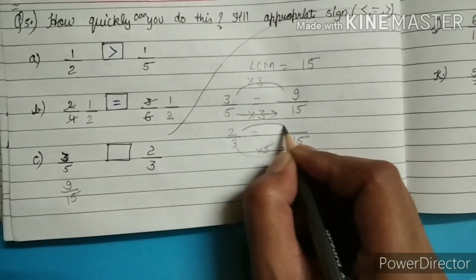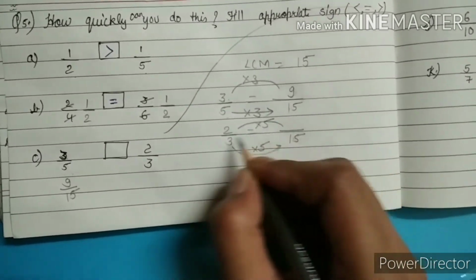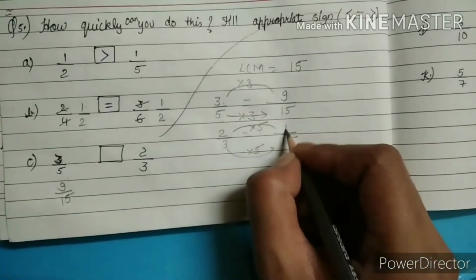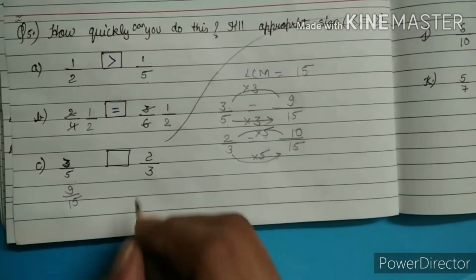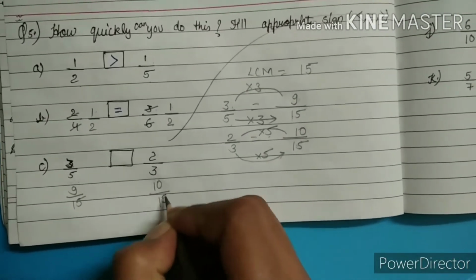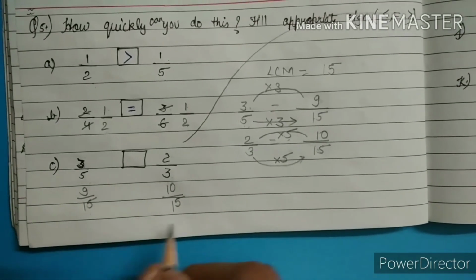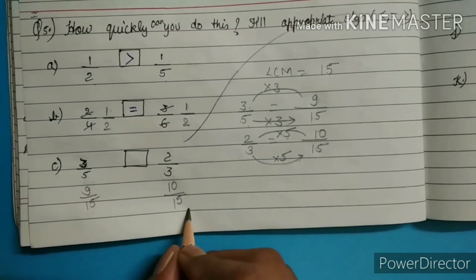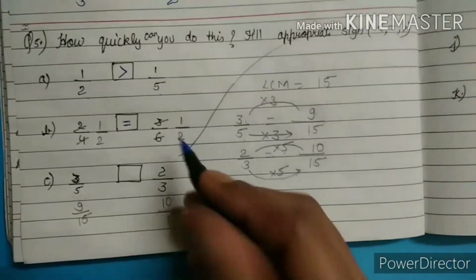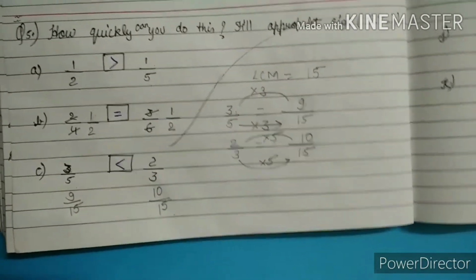So we have to multiply 5 into the numerator. 2 5s are 10. So in place of 2 by 3 what do we write? 10 by 15. Now you can see the denominators are the same, 15. So 10 is greater. It means that 2 by 3 is the greatest fraction.